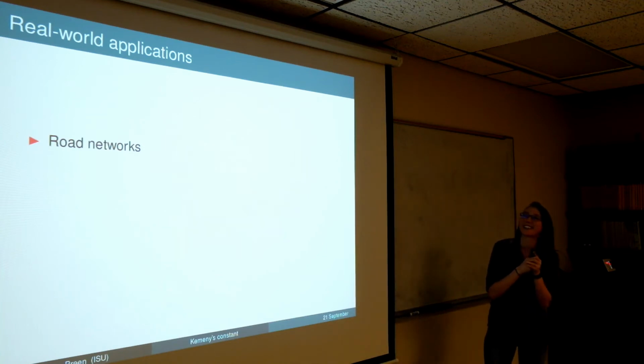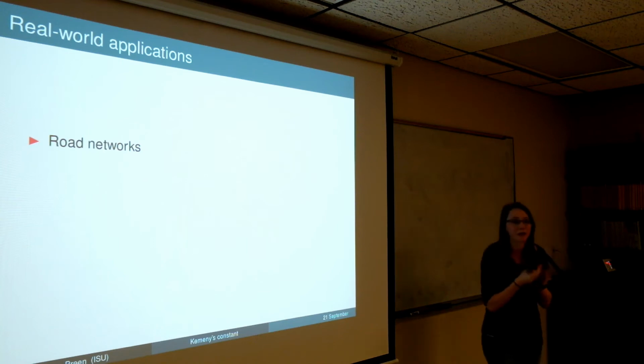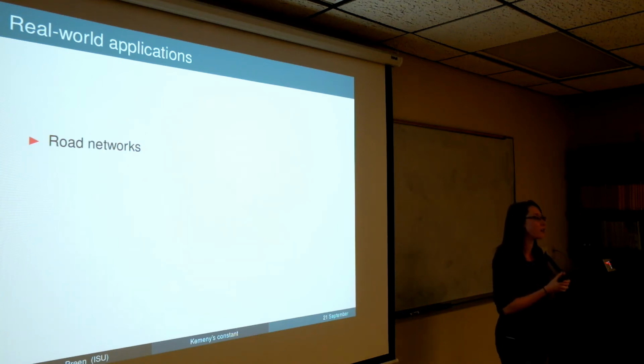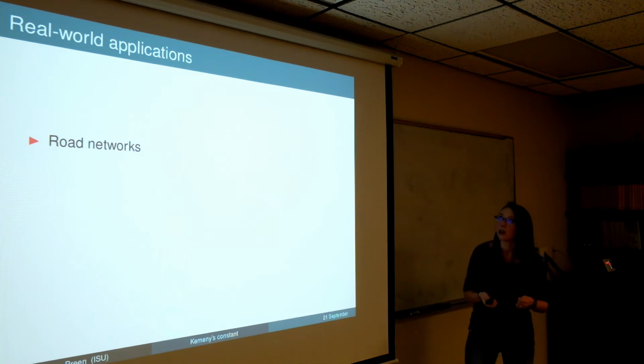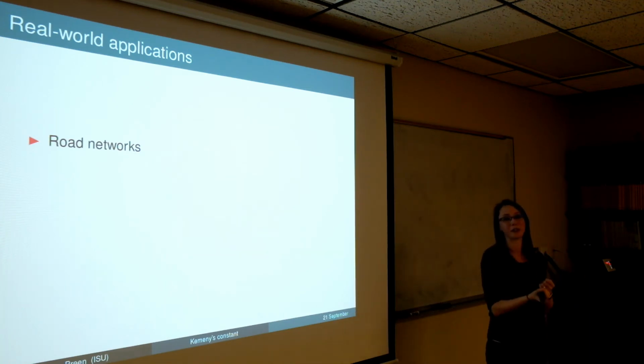So the applications of Kemeny's constant, there are a lot of them. The first motivation I gave you for Markov chains was this road network application. And in that paper where they came up with this model for road traffic, they used Kemeny's constant to decide which roads were most important in my network.